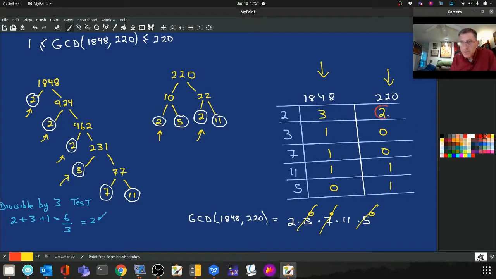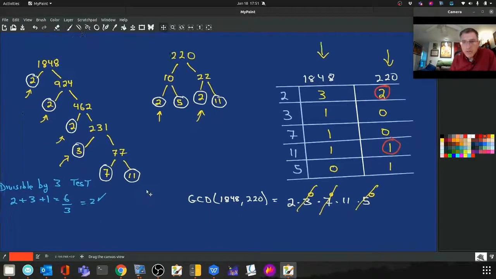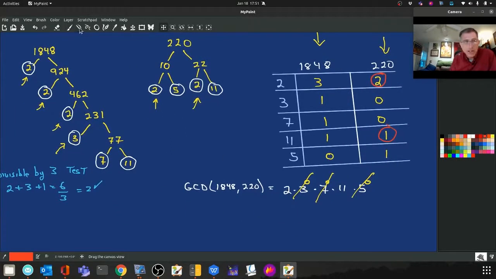So we have 2 and 1. As it turns out, I've already got it here. Everything's been eliminated. It's equal to 2 raised to the 2 power times 11, which is equal to 4 times 11, which is 44.